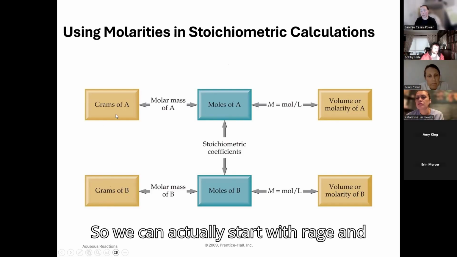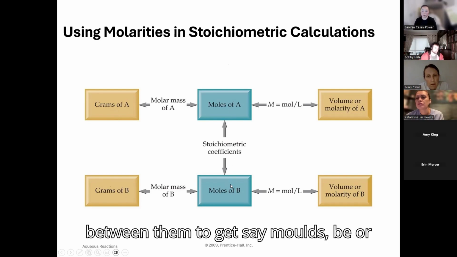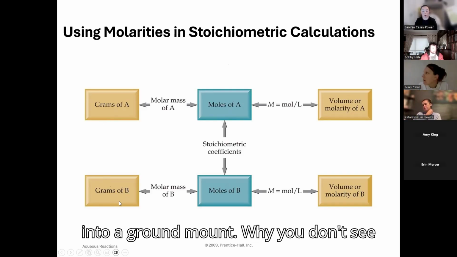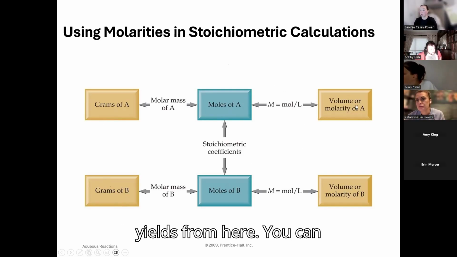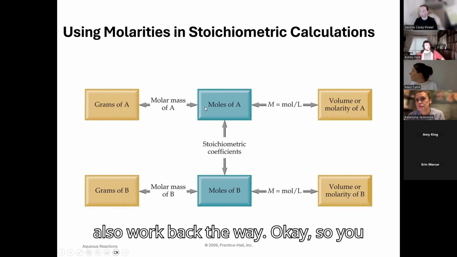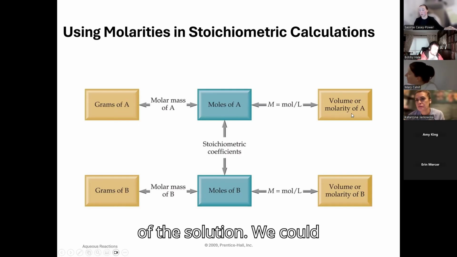So we can actually start with a reagent, convert it into moles, look at the ratio between them to get, say, moles of B or a product, and then finally convert it back into a gram amount. What you don't see there is that you can then work out percentage yields from here. You can also work back the other way, okay? So you could start out with a molarity of a solution.